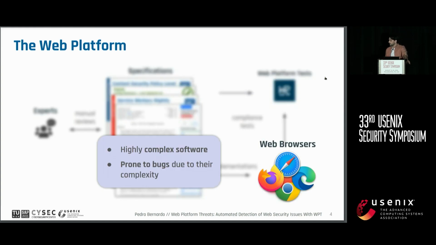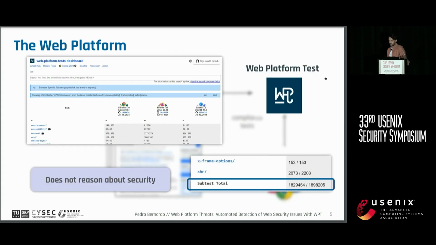Web browsers implement these specifications and are extremely complex pieces of software. Their sheer size and complexity means that security issues are inevitable. Also, how can we ensure that browser implementations are actually following the spec and doing so consistently with one another? For that, we have the web platform tests.